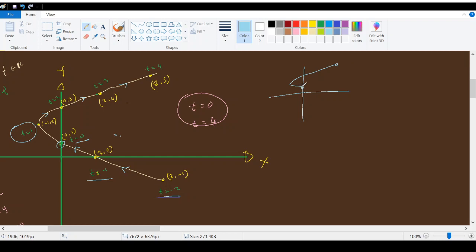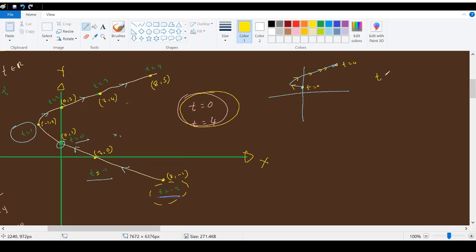This will be the starting point and this will be the end point. And remember, we draw an arrowhead in the increasing direction of t, of the time, right? So this will be the starting point, which is t equals 0, and this is the end point. But here the starting point was t equals -2 and the end point was the same.